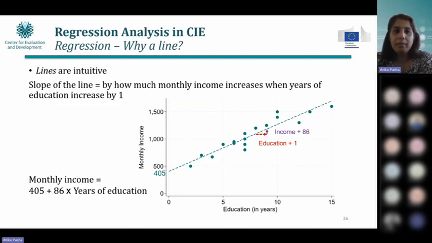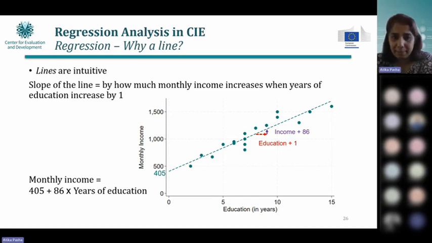So let's see what happens if we increase education by 1 year. This is a 1 year increase in education. And what this line shows us is that income has increased by 86 units. What does this tell us? Basically, if you want to get the monthly income for any individual along this line, all you have to do is multiply their years of education by 86.